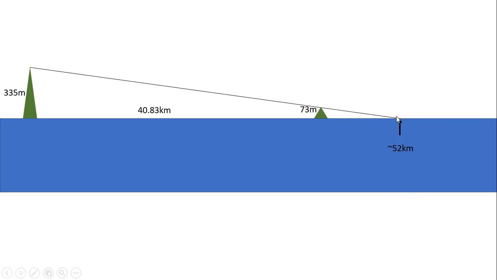The point at which our sight line would reach the water would be about 52 kilometres. And there's no difficulty seeing further than 52 kilometres on a reasonably clear day in this part of the world.